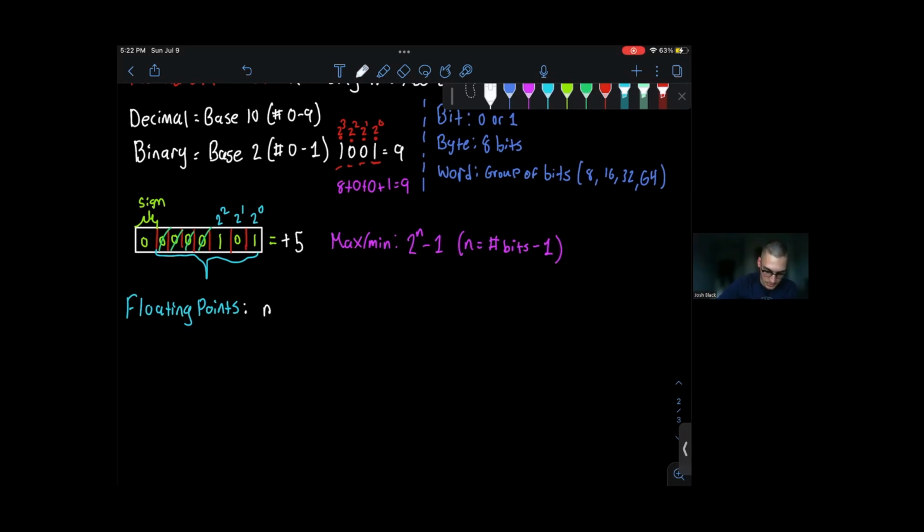Floating points are used by taking a certain number m, which is going to be your mantissa, multiplying it by b, which is our base, and raising it to a certain exponent. Most of the time, b is going to be equal to 2, e is our exponent, and m is our mantissa.